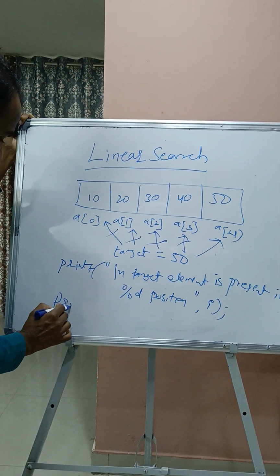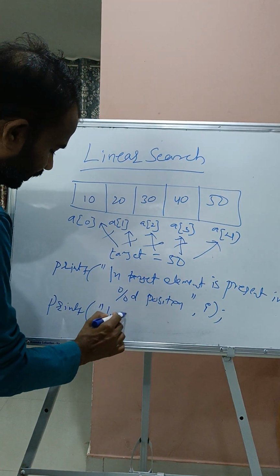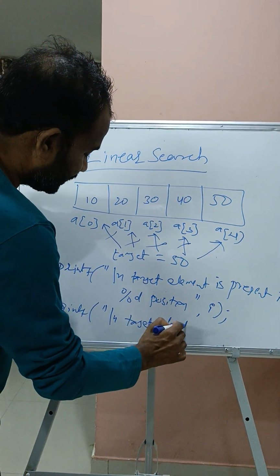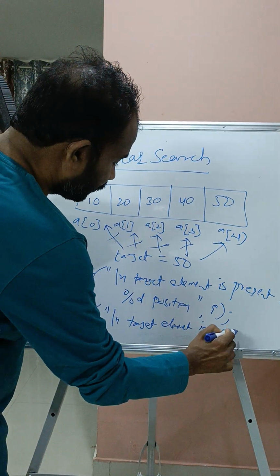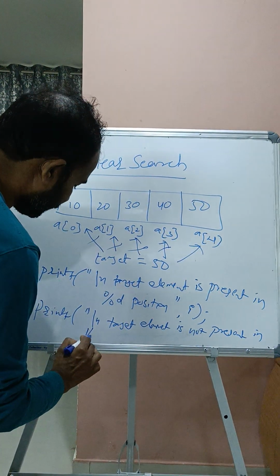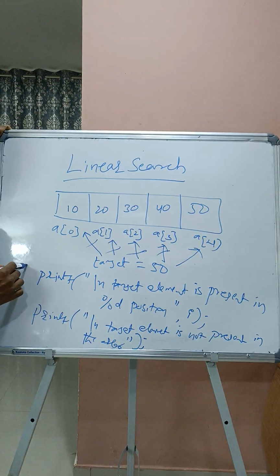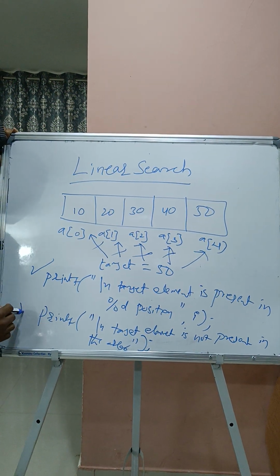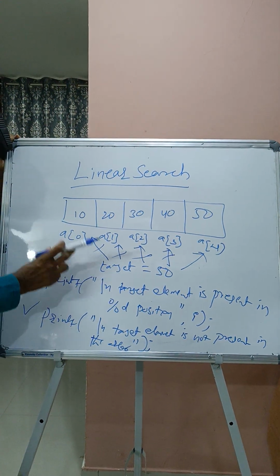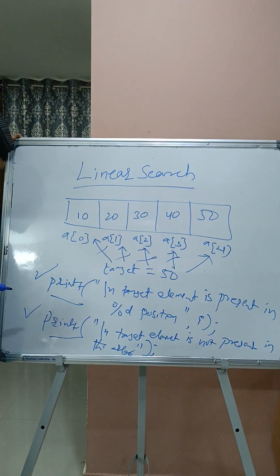Suppose the target element is not matched with any of the elements, then we write: target element is not present in the array. So either this printf statement or that one is executed; any one printf statement is executed. If it is matched, this one is executed. If it is not matched with any element, the other printf statement is executed.